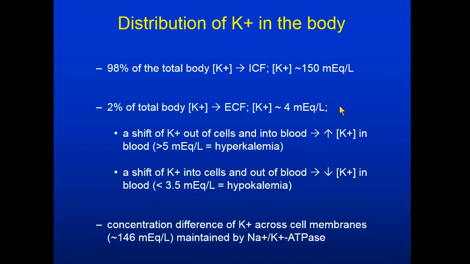This is a condition called hyperkalemia. Conversely, movement of potassium ions into cells can reduce the potassium ion concentration in the blood, and this is called hypokalemia. And don't forget about sodium-potassium ATPase, which maintains the concentration difference of potassium across the cell membranes.